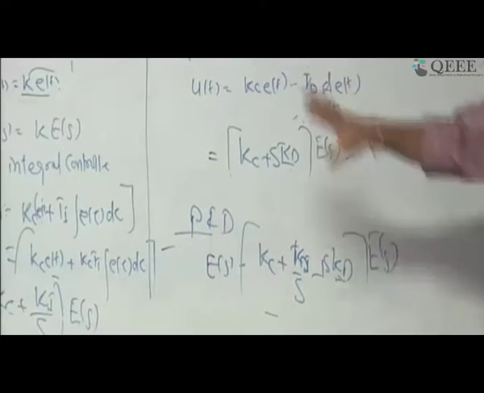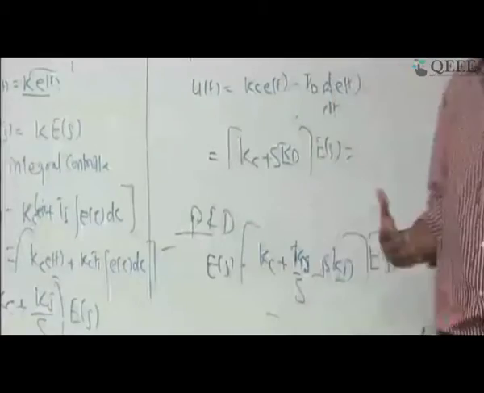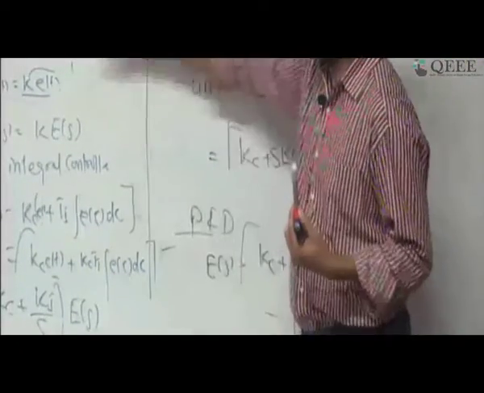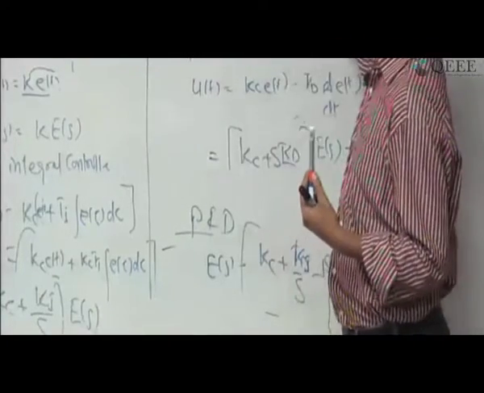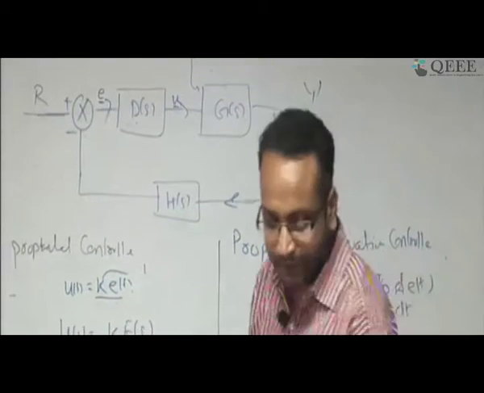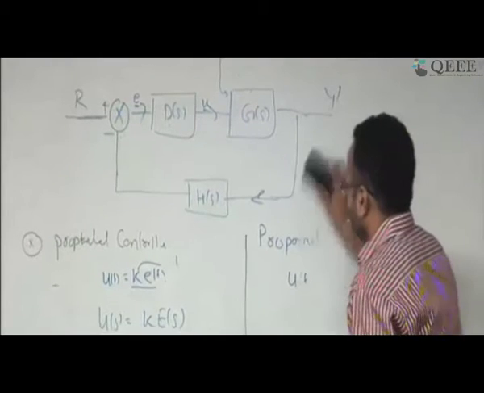So these four controllers were very popular in most real world control systems. And we will see with some examples how this is going to affect your dynamic time response. Okay, fine. So this is what we have seen. Please remember this.